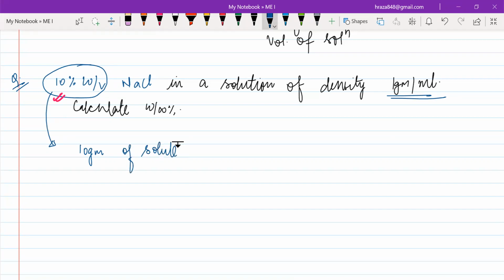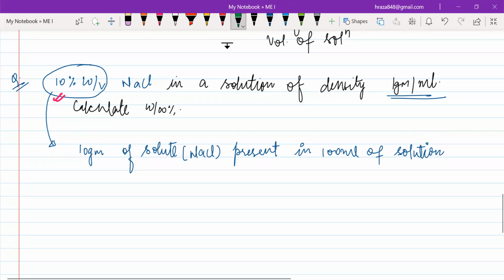That means here the solute is NaCl present in 100 ml of solution. Yes or no? Yes, sir.